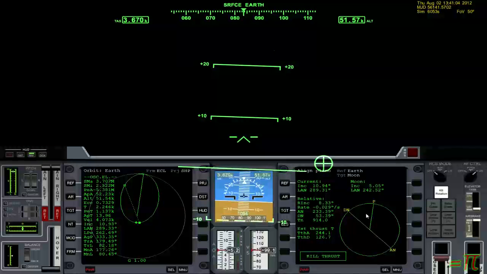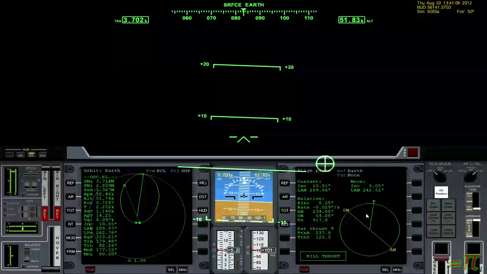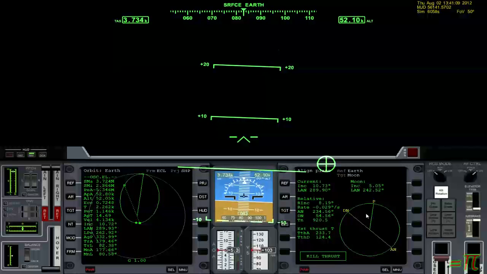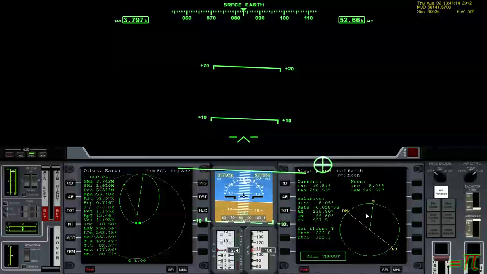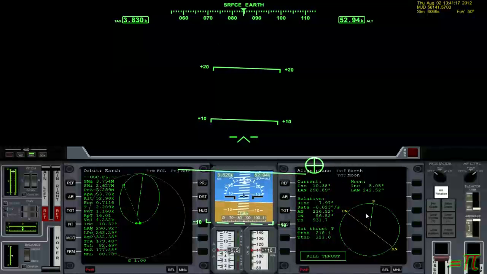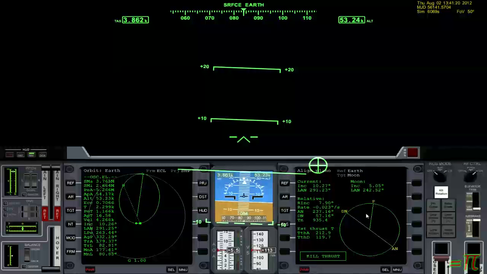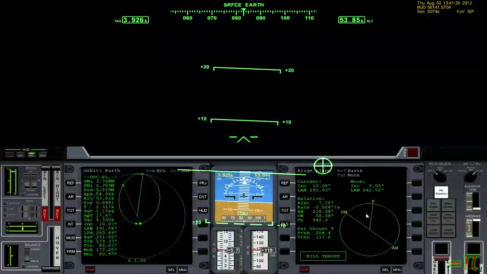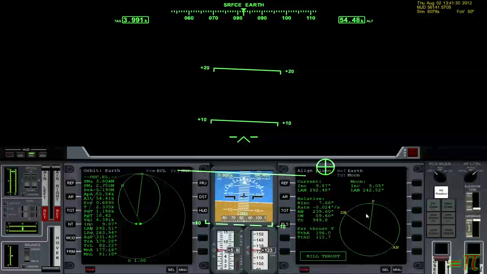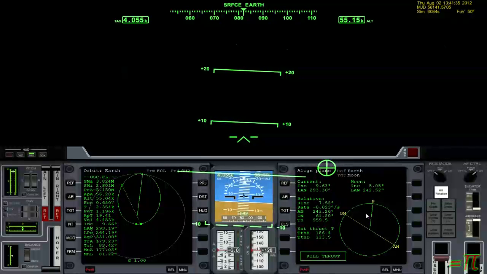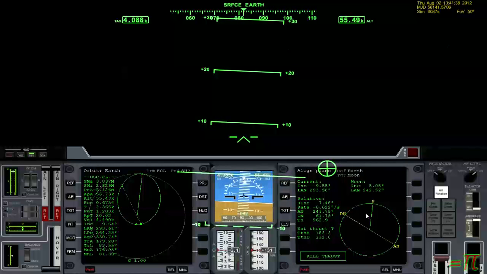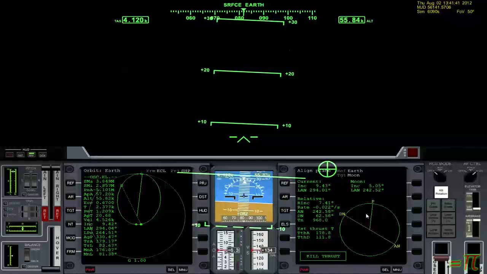We're almost halfway to orbit. Meters per second and climbing, accelerating.